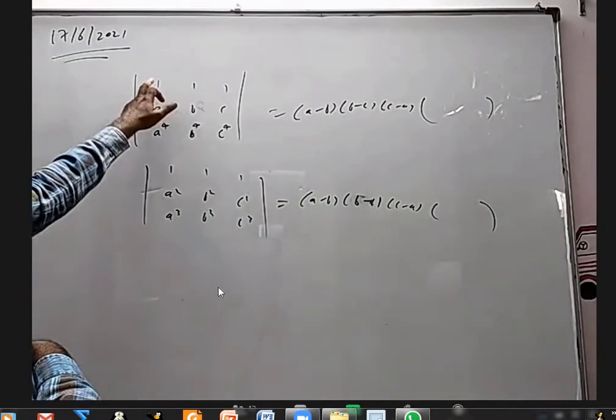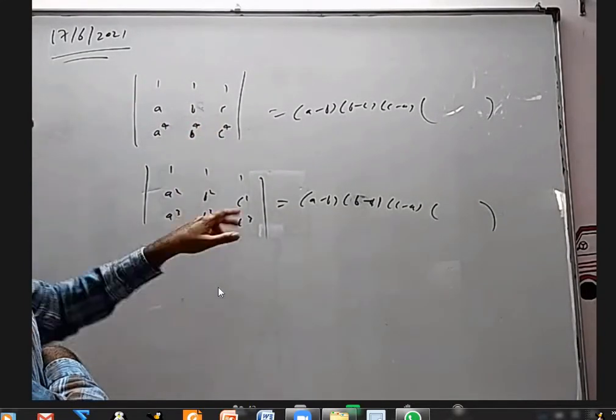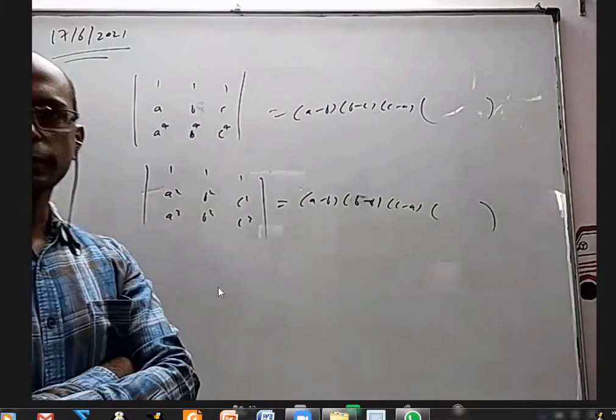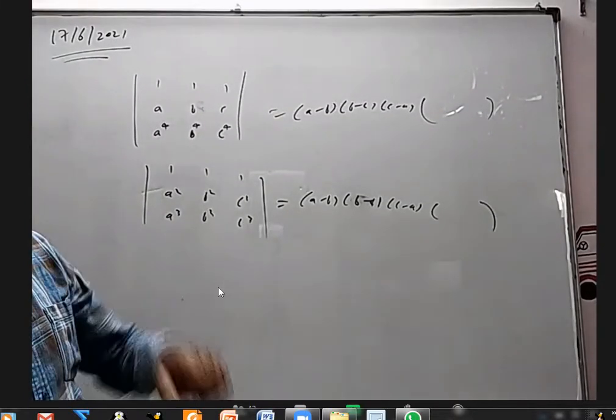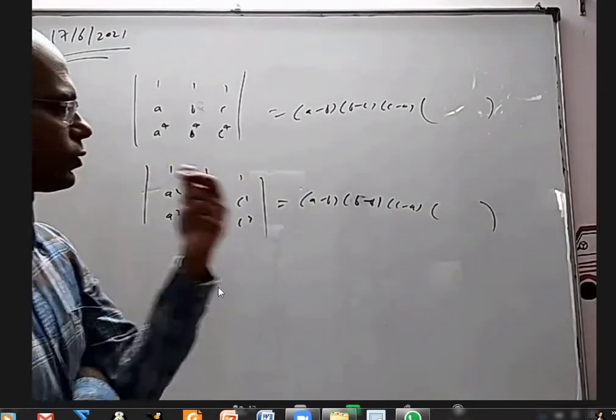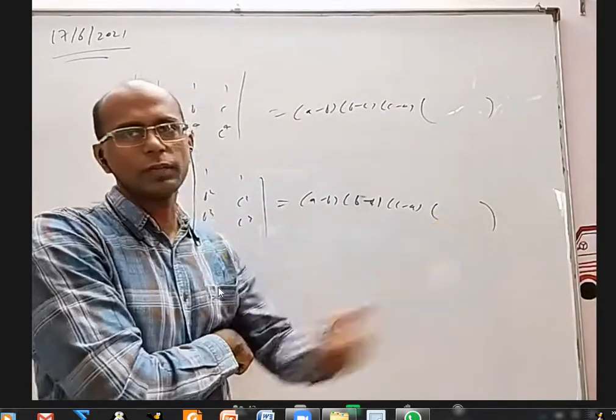When you take this into this minus this into this or something like that, what is the degree? 5. Yes, you're right, 5. So this is already third degree. So what will come here?